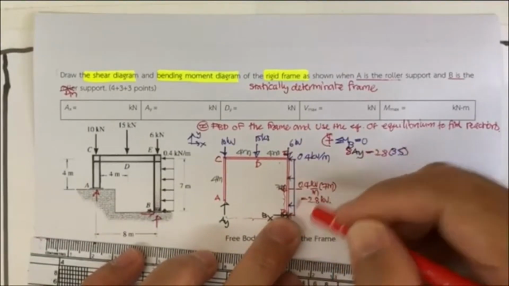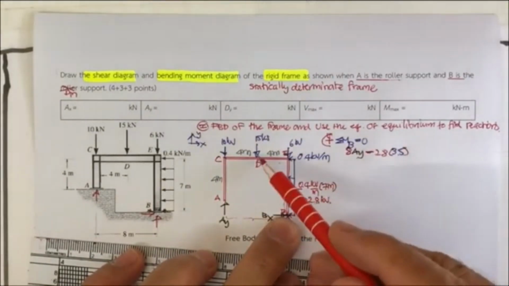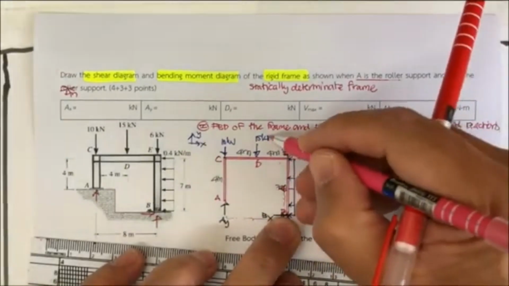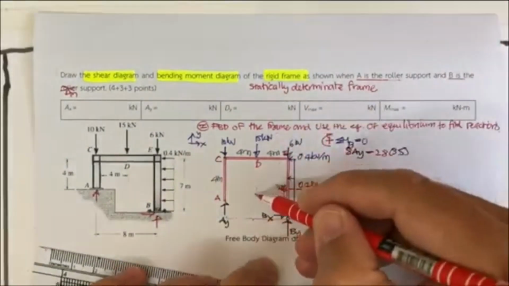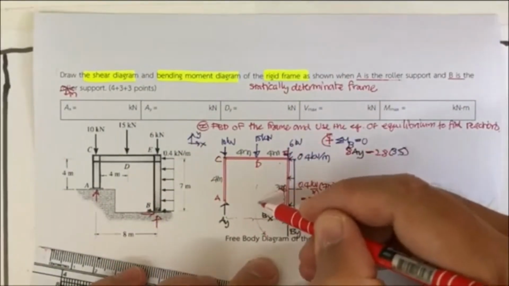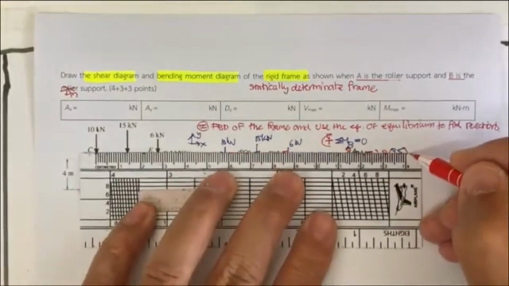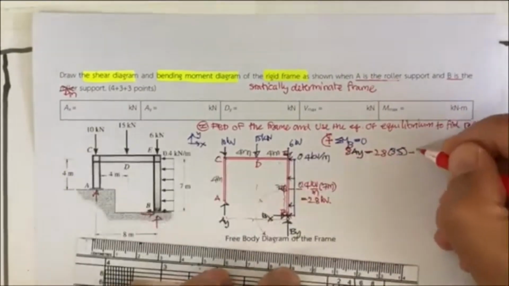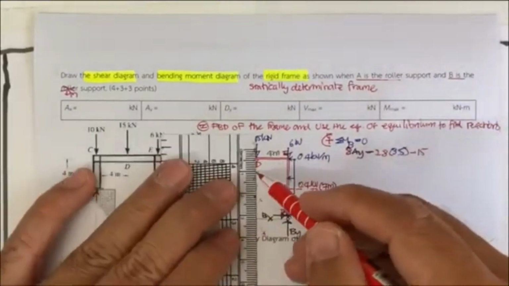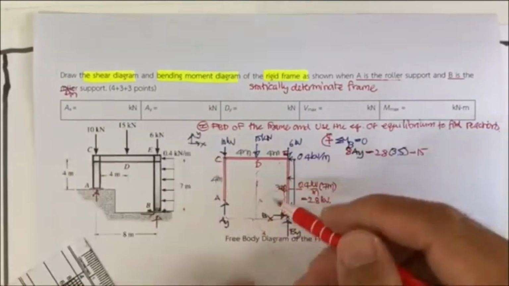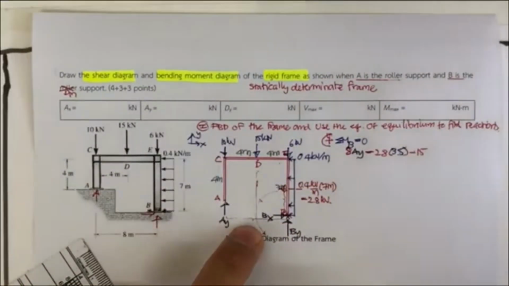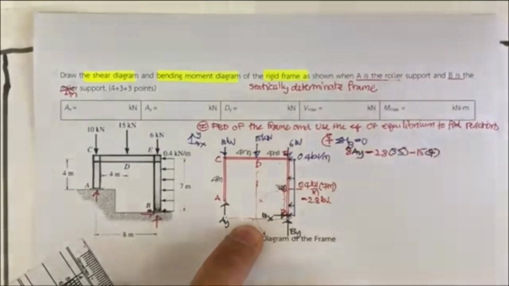Okay. And what else? We have the 15 kilonewton. That 15 kilonewton is going to rotate the same as this one, so it's going to be minus 15. The line of action is here, and we see this is going to be times 4 meter.